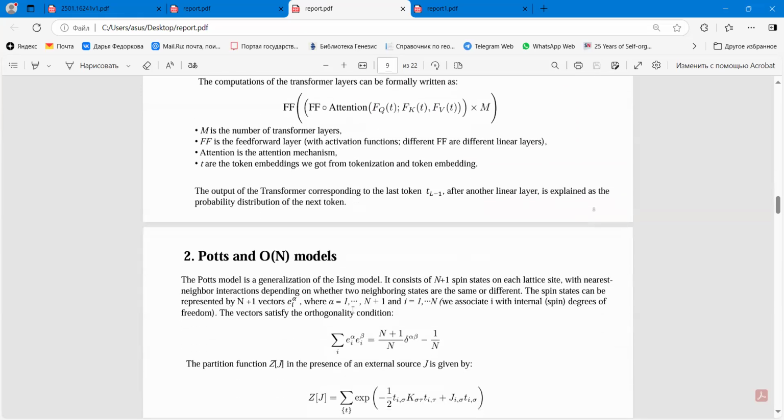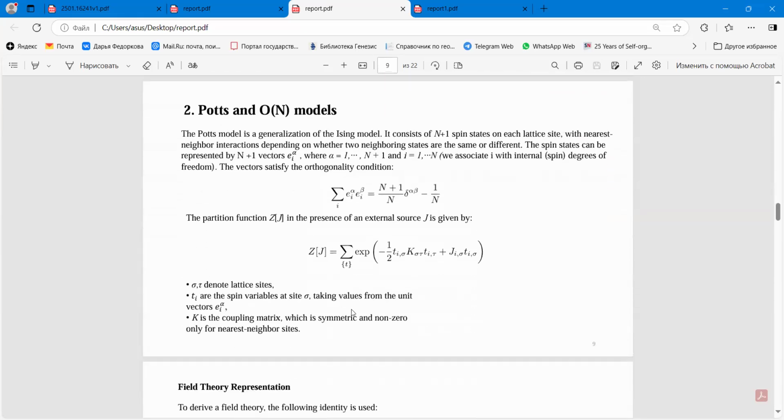Okay, and the next part: there are the POTS and O(N) models. The POTS model is a generalization of the Ising model. It consists of N plus 1 spin states on each lattice site with nearest neighbor interaction depending on whether two neighboring states are the same or different.